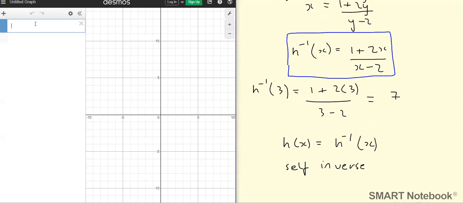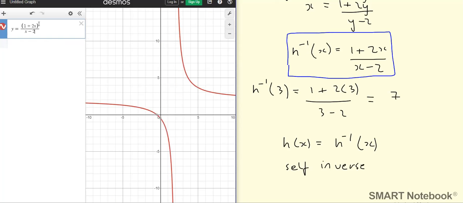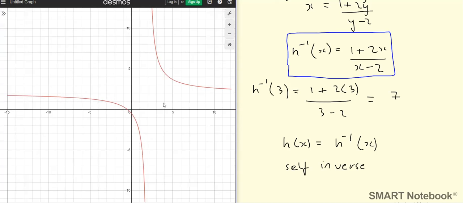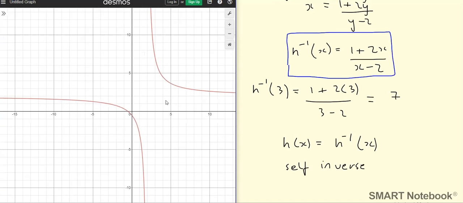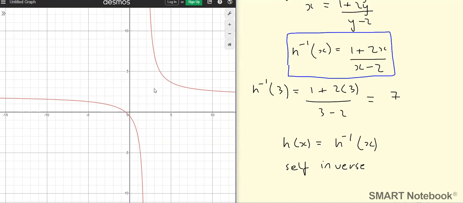So let's now look at y equals 1 plus 2x over x minus 2. So we can see what this graph looks like. We can see that there is a vertical asymptote at x equals 2.